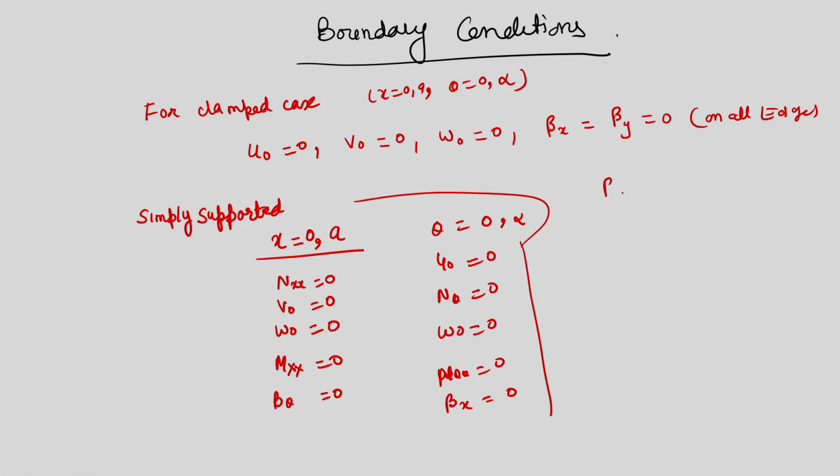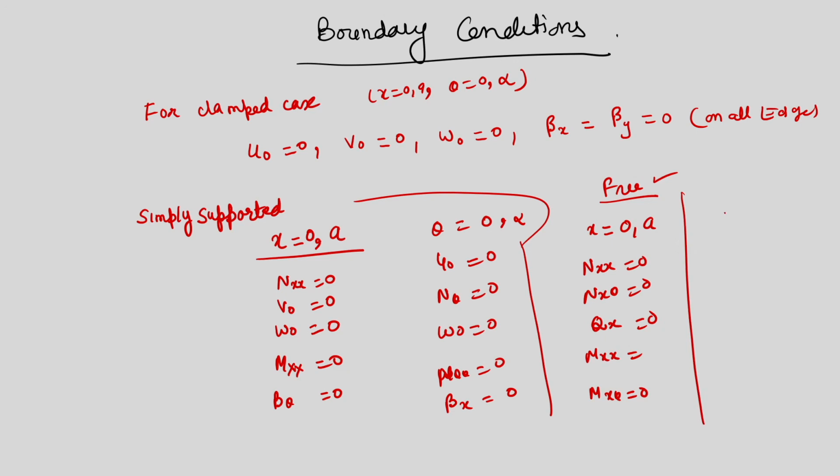If it is free, because we have to choose only those combinations, x 0 and a, then all your stresses nxx, nx theta, then qx, mxx, all stress resultants are going to be 0 if the edge is free.